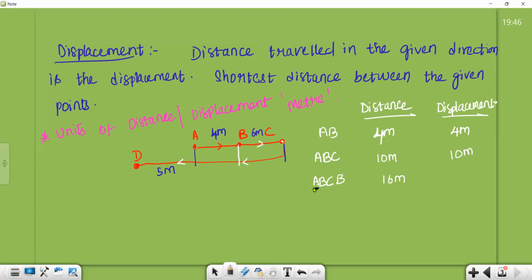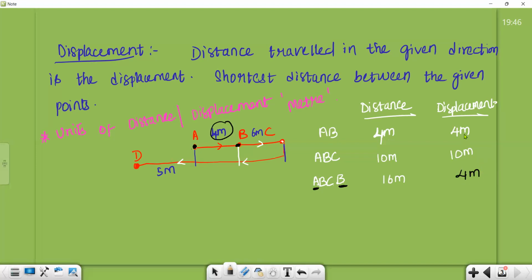Where is it initially, at which point? A, right? Where did it reach at last? B, ma'am. Initially it is at A, it traveled to B, next C, then it reached back to B. It means from A it traveled to B. What is the displacement? 4 meters.